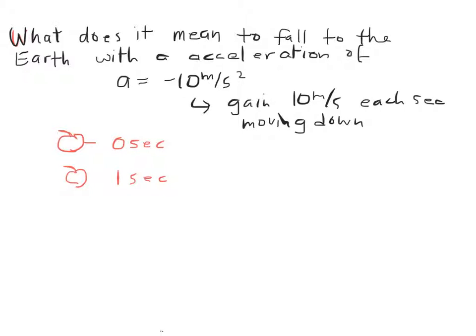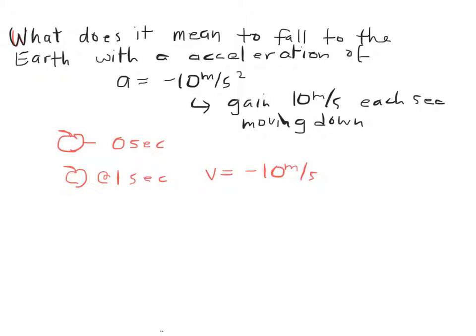And so the question is, how fast is it moving after that 1 second? Well, you'll recall I just said it gains 10 meters per second each second. So at 1 second, the apple would be moving with a velocity of 10 meters per second, and it's going down, so I'm going to put a negative sign in front.